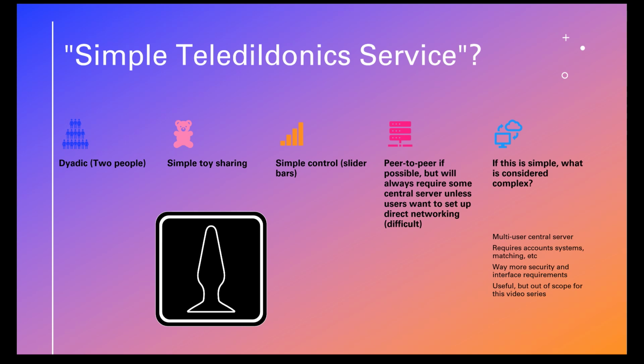Simple control, which is going to be just the controls that I just showed, where you just have sliders, and whether those sliders control your toy or another person's toy is based on the UI. Peer-to-peer if possible. I was hoping to do this in WebRTC, like I said.